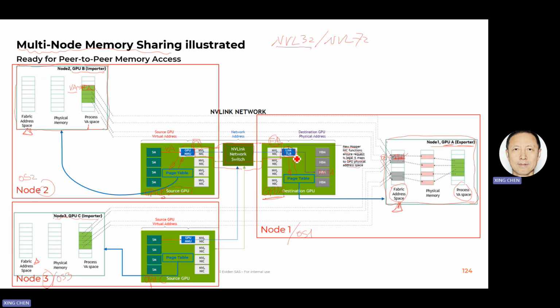So then the GPU is going to know, okay, what this GPU needs to do is just to use this physical address and read the data from this physical address.